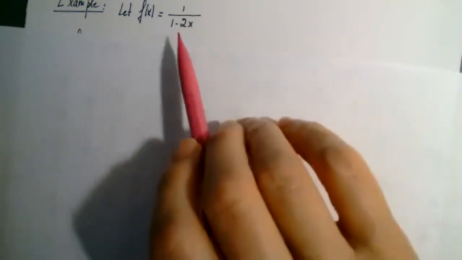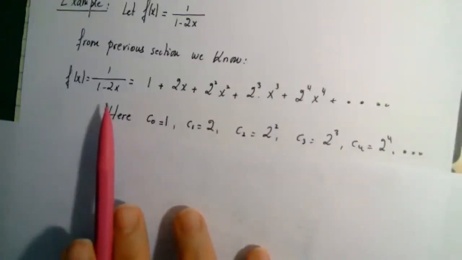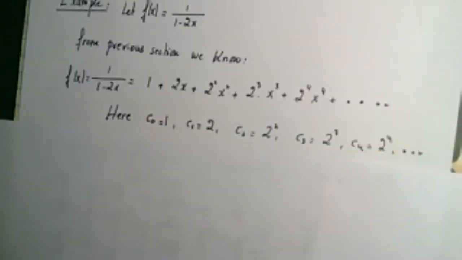And let's remember, how did we do it? We started with 1 over 1 minus x. What did we do? We plugged in 2x for x. So from the previous section, we know that 1 over 1 minus 2x equals... remember how we did that? Of course you do, we took your exam 2 days ago.